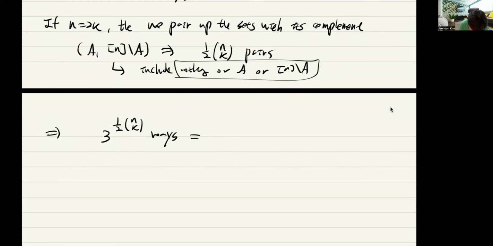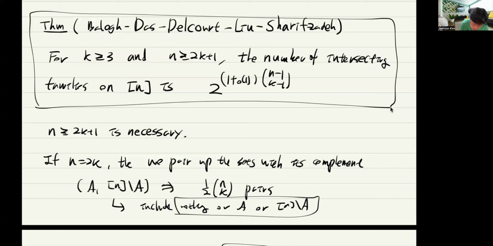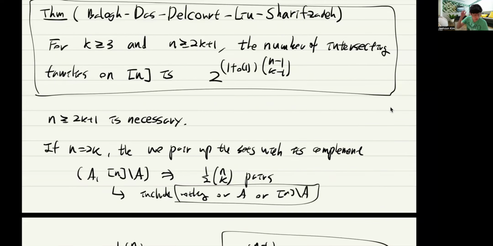That's 3 to the n−1 choose k−1 ways to build an intersecting family, so that many distinct intersecting families, which is bigger than this. So when n equals 2k, this is not tight. This is not true, so this condition is necessary there.